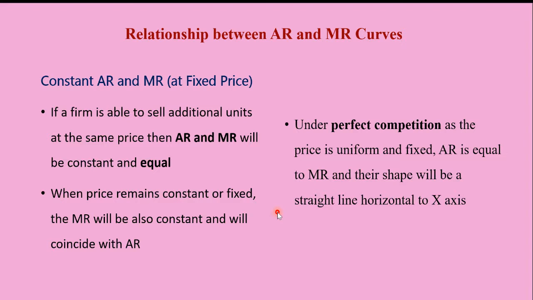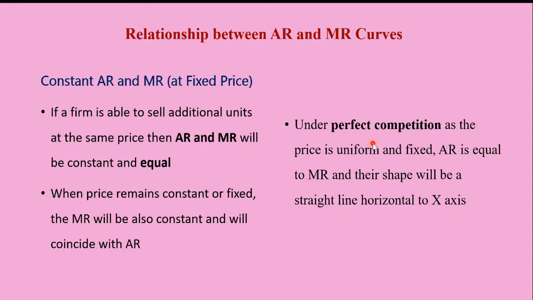We will see about perfect competition and imperfect competition in the 5th chapter. Under perfect competition, the price is uniform and fixed. Nobody can change the price. The price will be the same in all the shops.